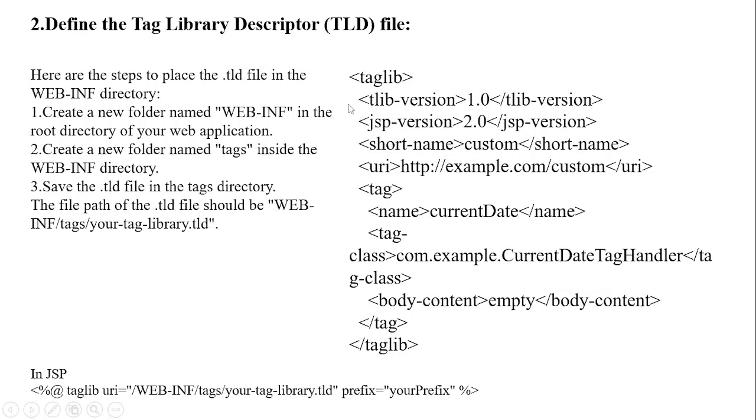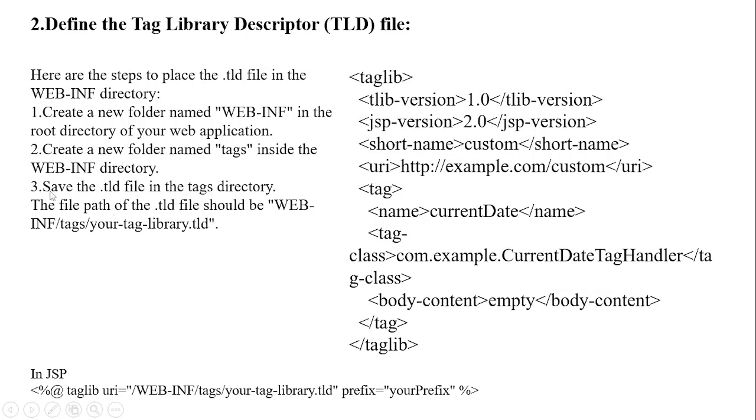So where to place this TLD file? Inside the WEB-INF directory. Create a new folder WEB-INF in the root directory of your web application. Create a new folder named tags inside the WEB-INF directory, and now save the .tld file in the tags directory. So inside WEB-INF, one tags folder is there, and in this tags folder we save this TLD file.